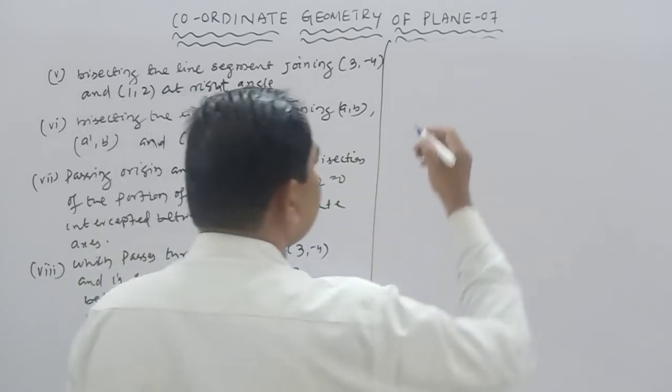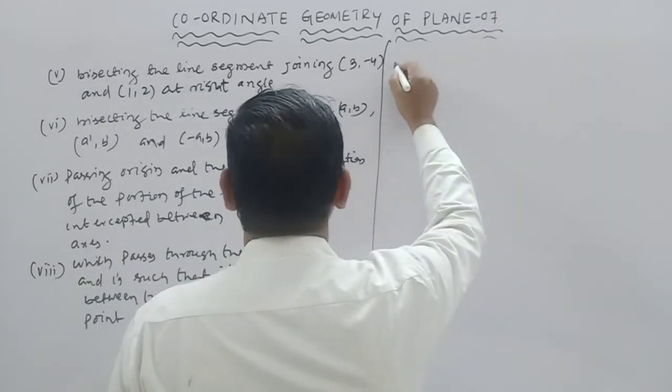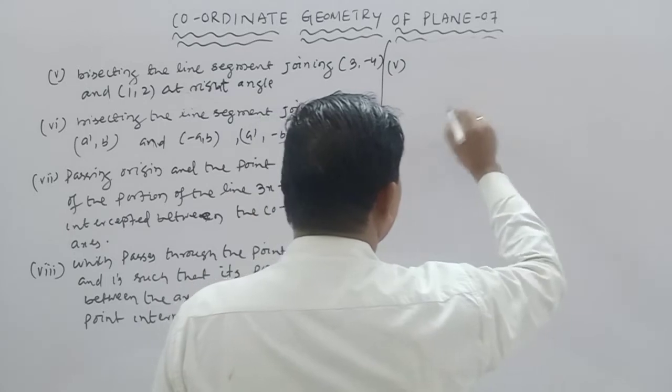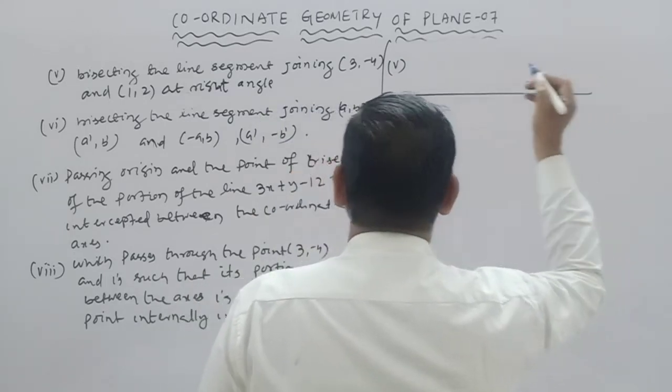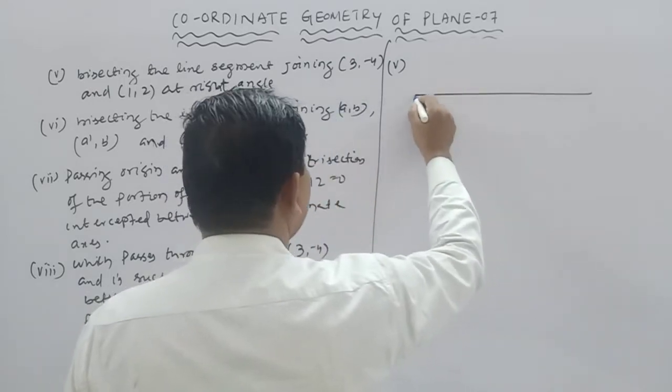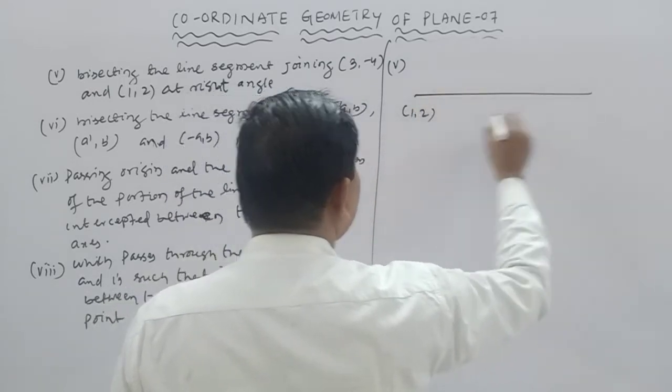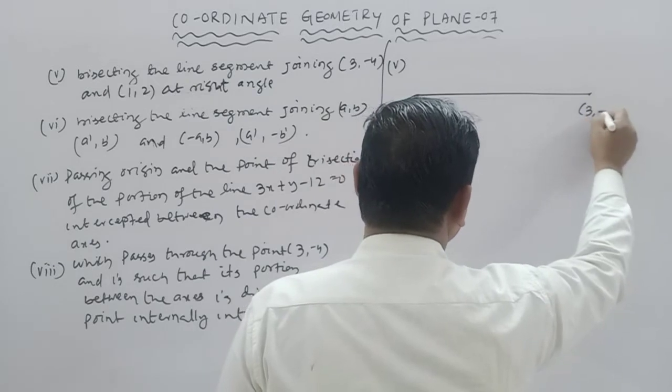Look, question number 5. This is the line, this is 1, 2 and this one 3, -4.